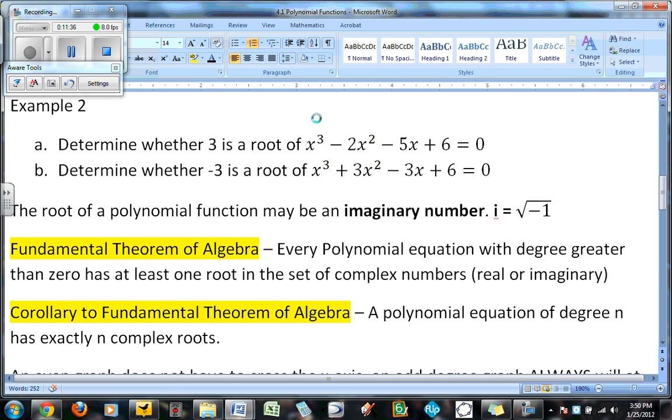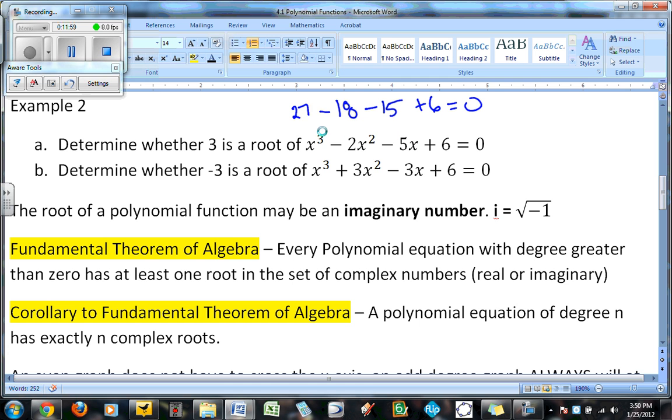All right, so if I plug in 3 in here, 3 cubed is 27, minus 3 squared is 9 times 2 is 18, minus 15 plus 6 equals 0. So I think I got all those right. 9 times 2 is 18. Yeah, it's 27, 15.